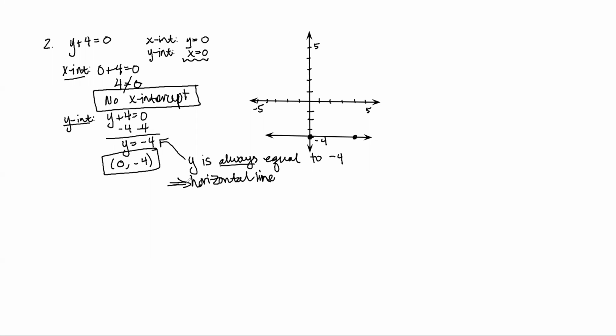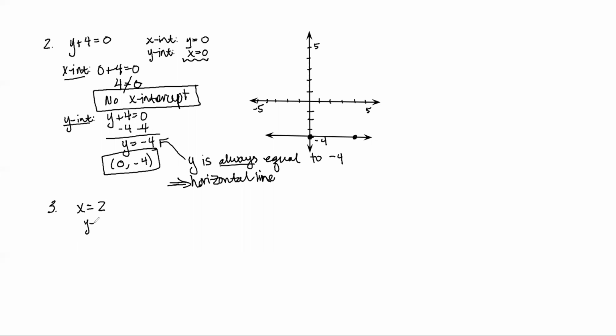So now we're going to see something kind of similar with the x form of this line. Let's say we're given x equals 2. Now, this is telling us that x is equal to 2.